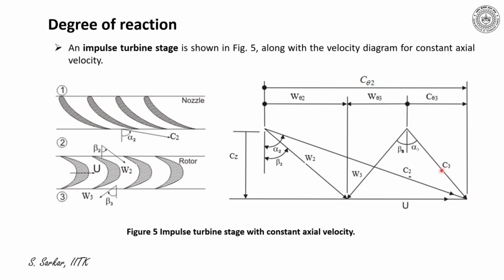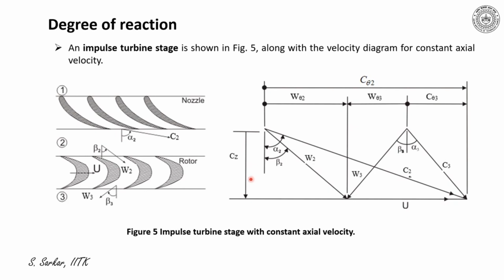So I have drawn here the exit velocity triangle. W3 and U result in C3. C3 makes an angle alpha 3 with the z-axis, and W3 makes an angle beta 3 with the z-axis. Note here W2 and W3 are equal, and thus beta 2 and beta 3, but they are opposite in sense. Cz is the axial velocity within the stage, and Cz would remain approximately constant as it flows through the stage.